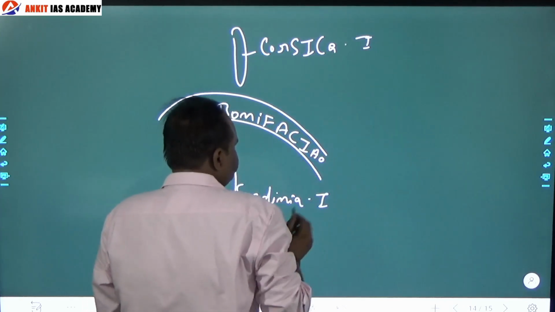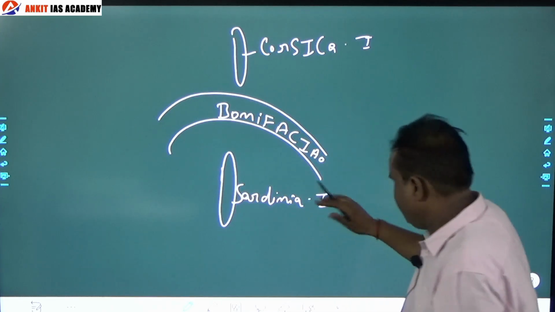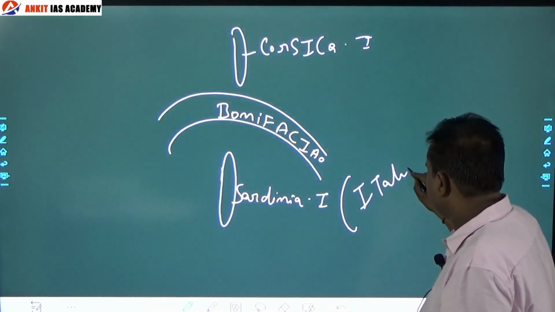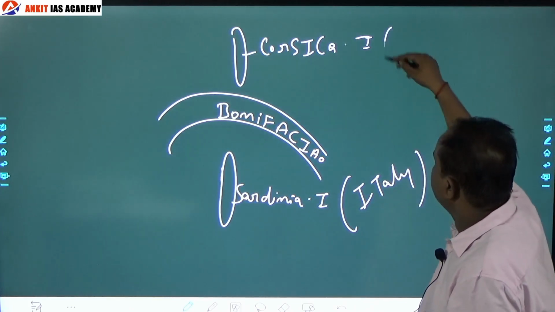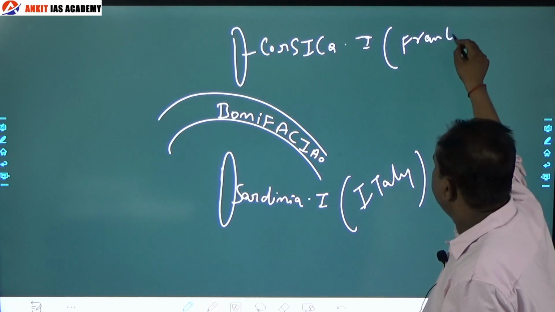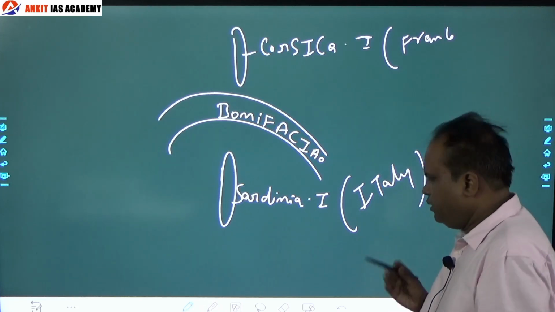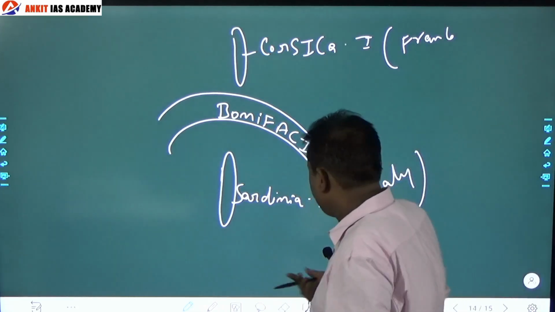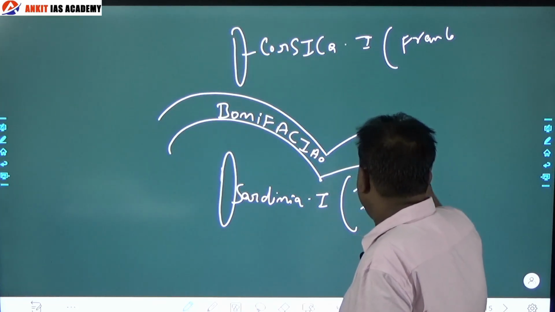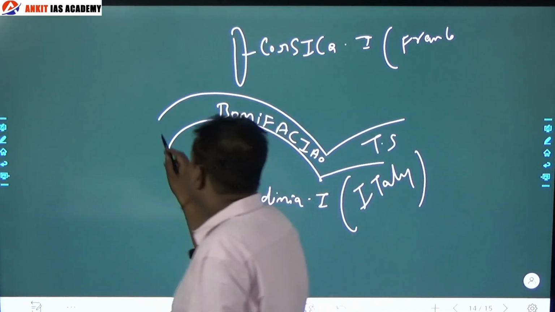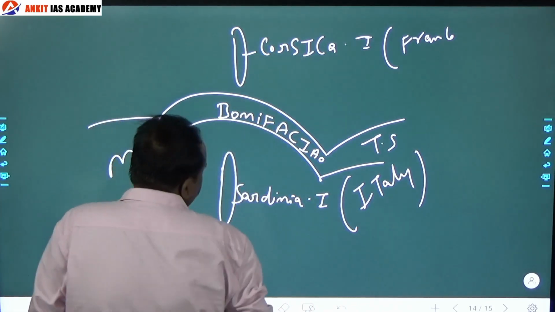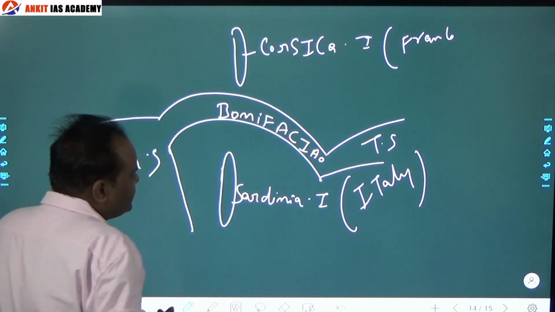This Sardinia island is a part of Italy, and this Corsica is a part of France. It connects Tyrrhenian Sea with Mediterranean Sea. Just remember, it connects Tyrrhenian Sea with Mediterranean Sea.